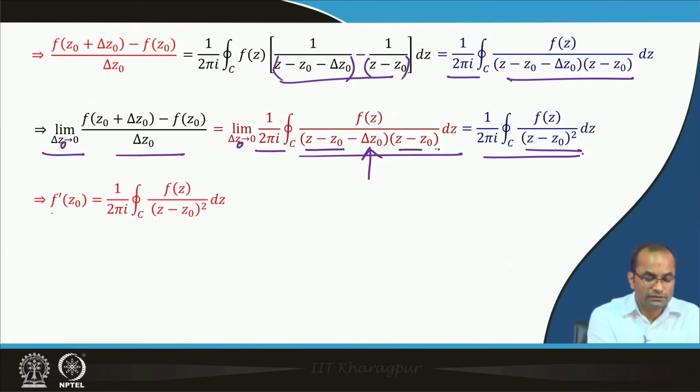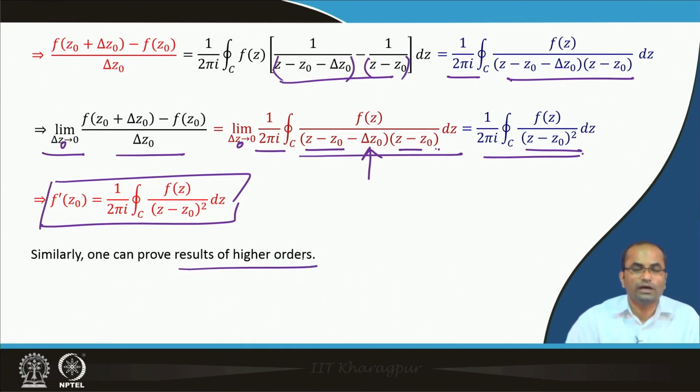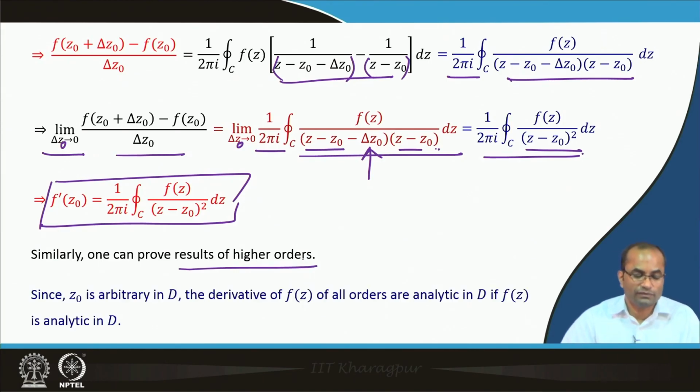So, we get the formula for the derivative: f prime at z0 is 1 over 2 pi i times the integral of f(z) over (z minus z0) squared. This is just for the first derivative; in a similar way we can approach the higher order derivatives, which we are not doing now, but we now have the idea of how the derivative is written in terms of the integral using the Cauchy integral formula.